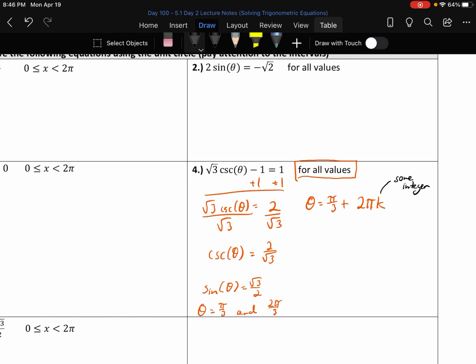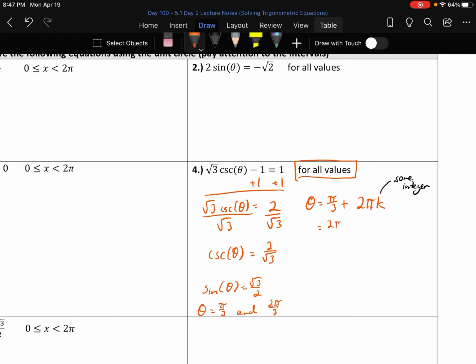So we're basically saying, as long as you have pi over 3 and you add any multiple of 2 pi, so 2 pi, 4 pi, 6 pi, or -2 pi, -4 pi, -6 pi, you will always get another solution.